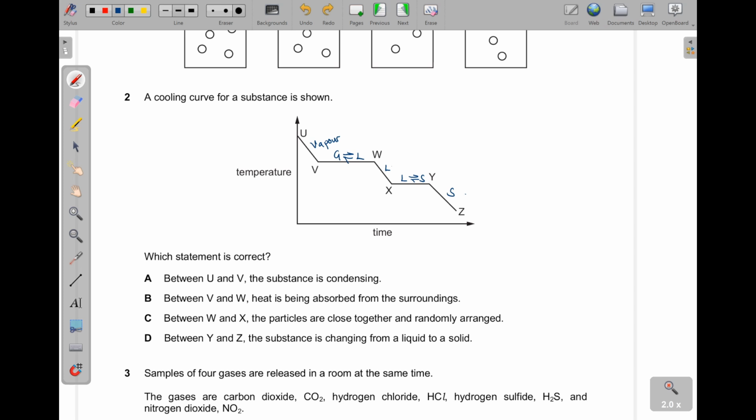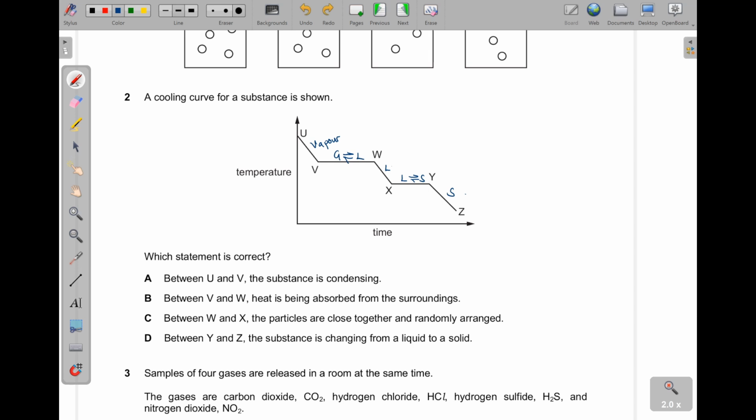It is lost to the surroundings because if the gas is turning to the liquid, then that is condensation, so there is formation of bonds, and formation of bonds is exothermic, so energy is lost to the surroundings.